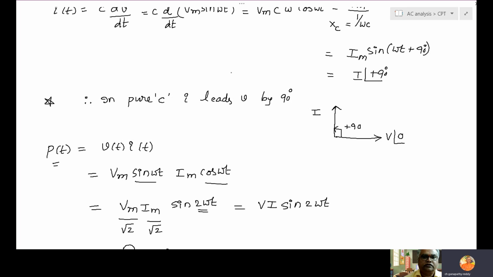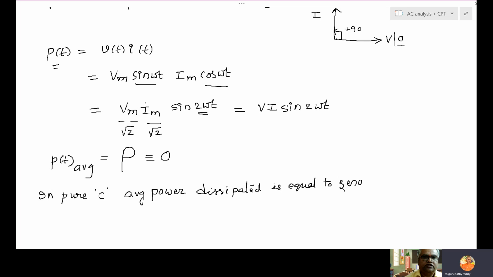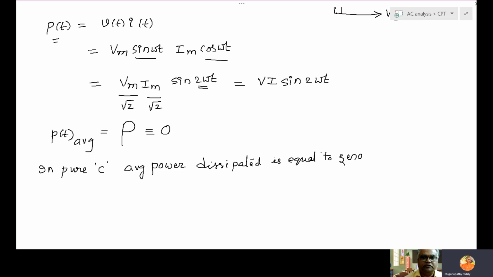So the first statement is current leads voltage by 90 degrees. The second statement is instantaneous power frequency is double the input signal frequency. Then average power is 0.